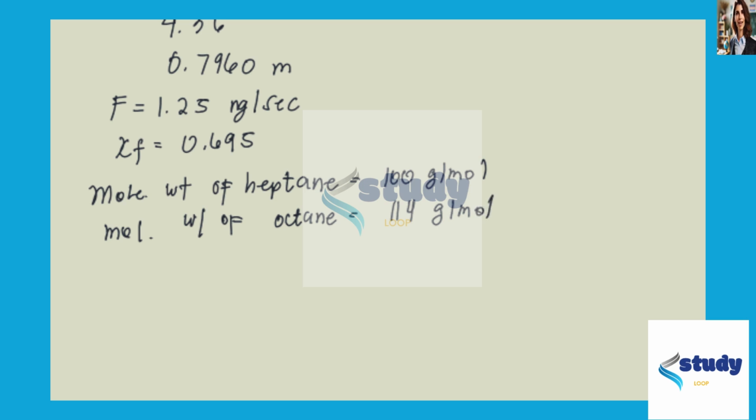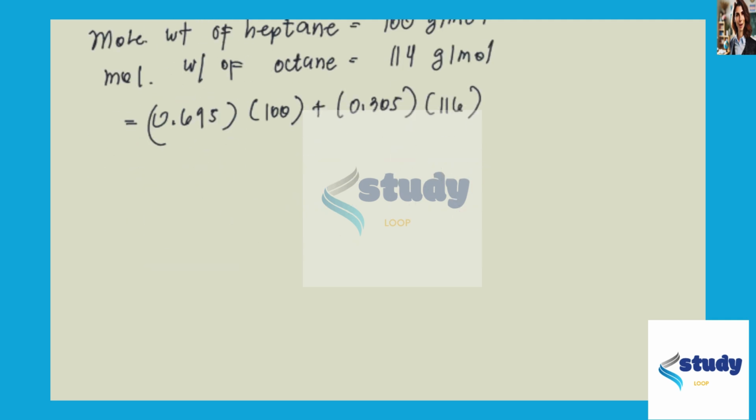So we have 0.695 times 100 plus 0.305 times 116, which is equal to 104.27 grams per mole.